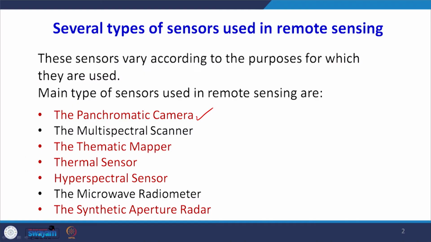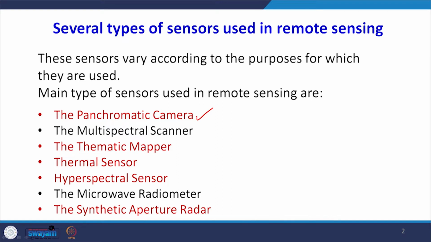We have several types of sensors, as we have seen in our earlier lecture also. The sensors vary depending upon the purpose for which they could be used, and these sensors which we are using in remote sensing could be categorized into different categories. It could be a panchromatic camera, which provides us only the black and white image.